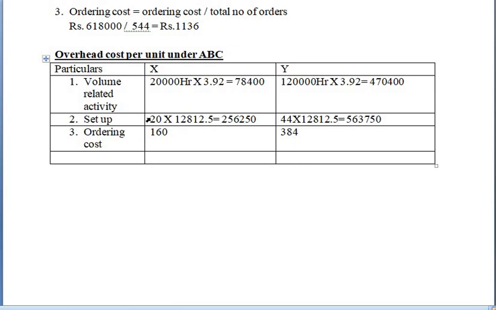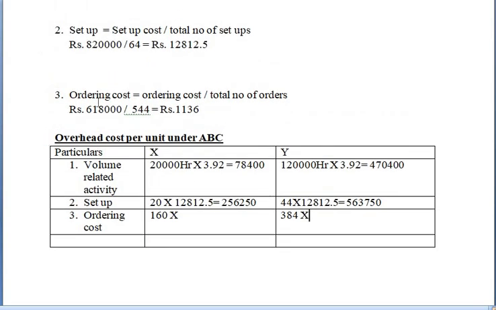Now multiplied by the cost per order. What's the cost per order? Here we calculated the ordering cost per order as 1,136.